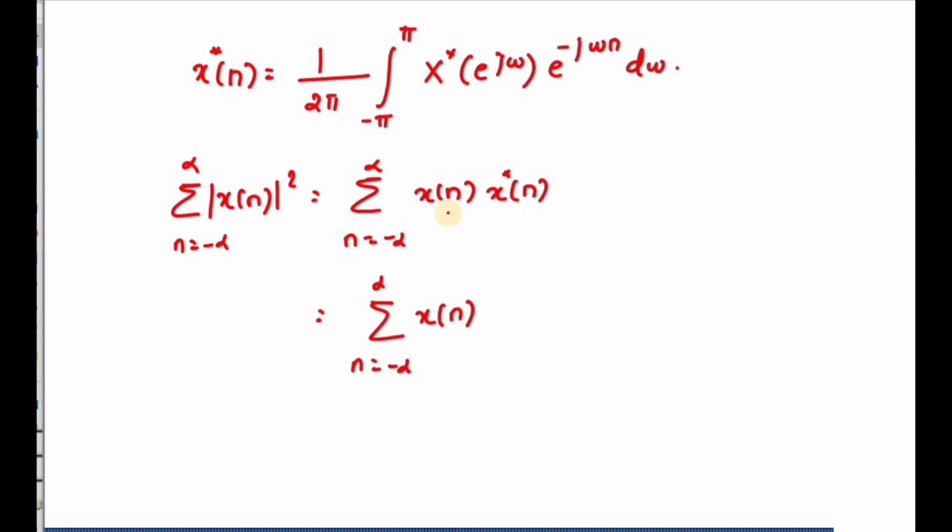I am keeping x of n the same, and instead of the complex conjugate of x of n, I am going to substitute the above equation.